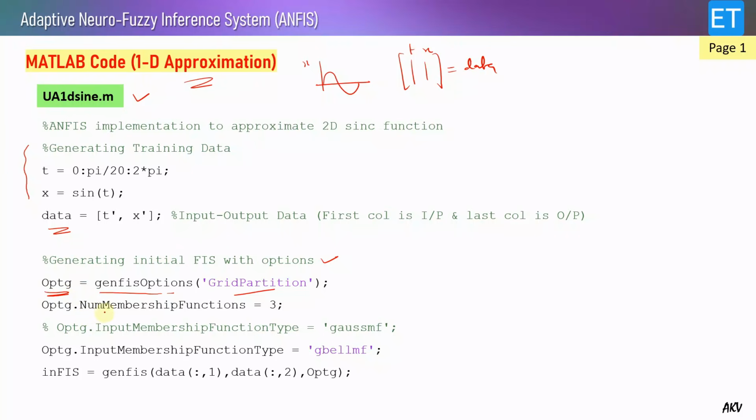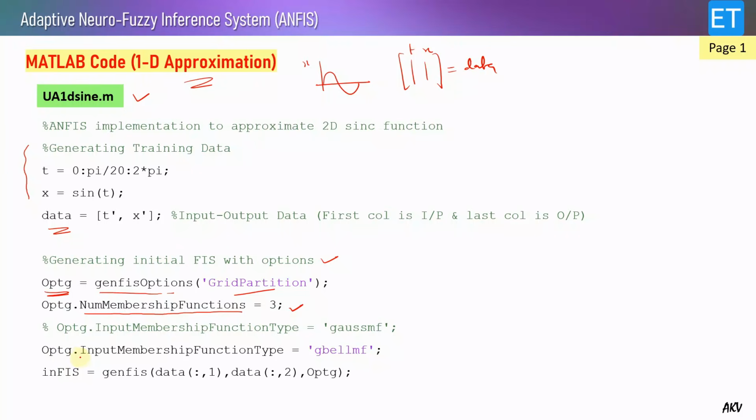So now I will define some parameters, like how many membership functions I need. Default is 2, but here I have taken 3. So optg dot, this is actually the MATLAB syntax. You have to write it as it is without any change. So number of membership functions 3.